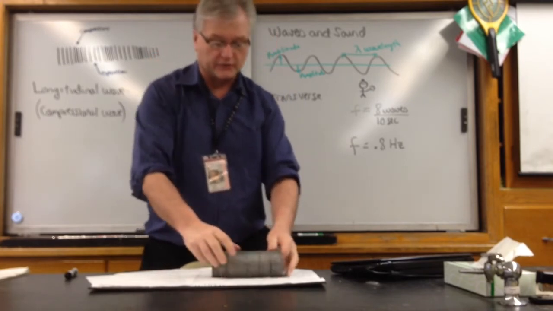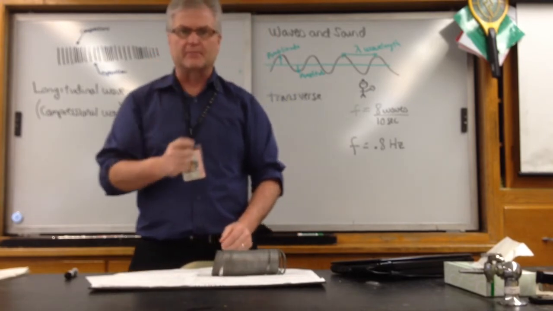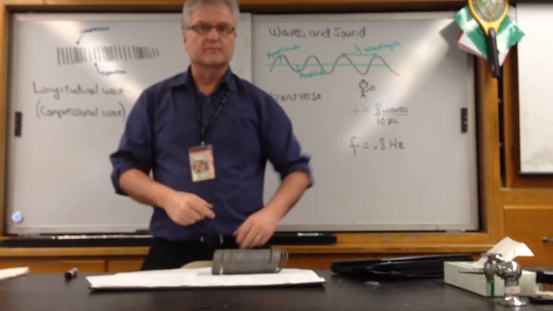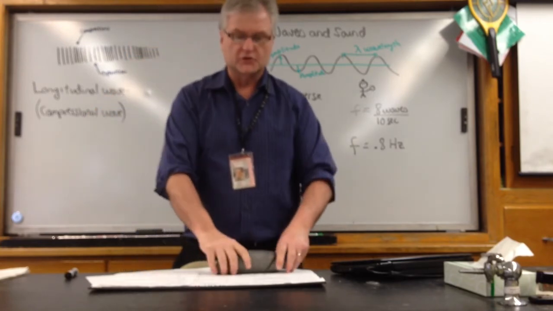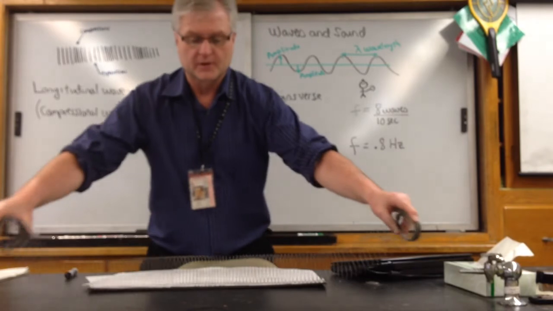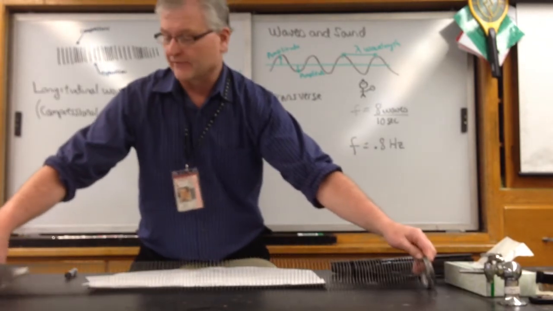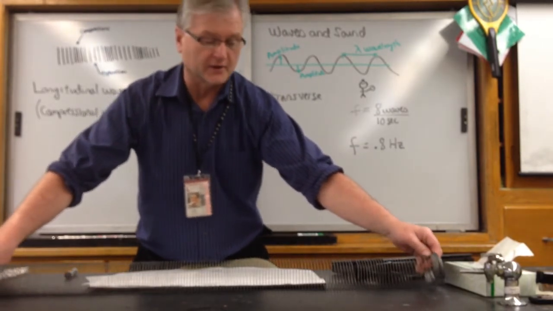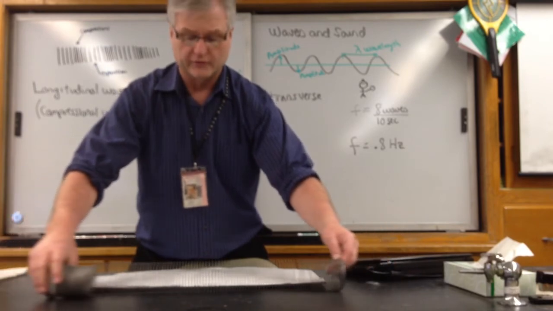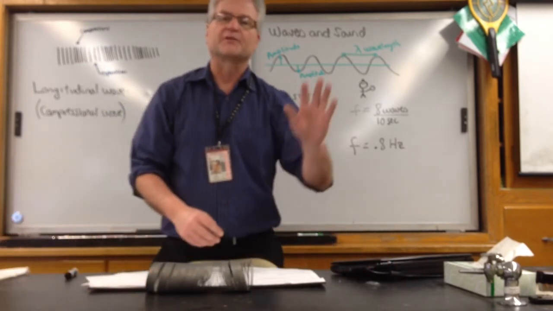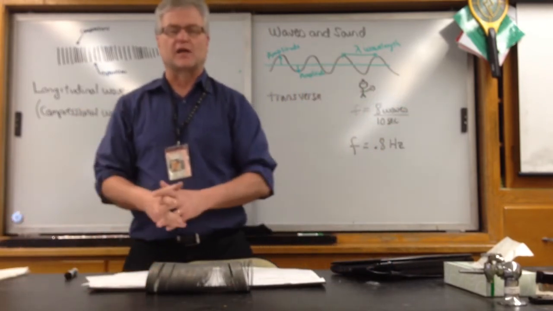Now, the question is, does the actual air from my mouth go into your ear? And the answer is no. Just like when I hold the slinky out, this end of the slinky never actually touches this end of the slinky. The pulse travels through the slinky itself, but the ends of the slinky don't actually change.